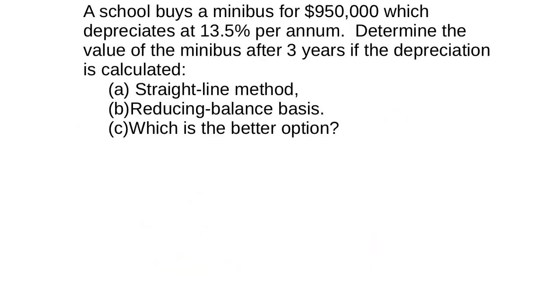A school buys a minibus for 950,000, which depreciates at 13.5% per annum. Determine the value of the minibus after 3 years if the depreciation is calculated A, using the straight line method, B, on a reducing balance basis, and C, which is the better option. Let's look at what is given here.